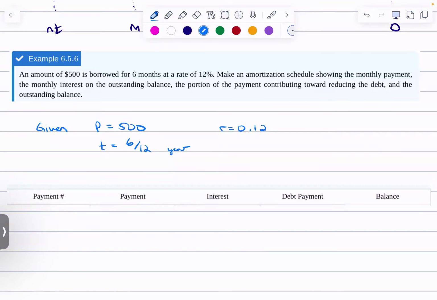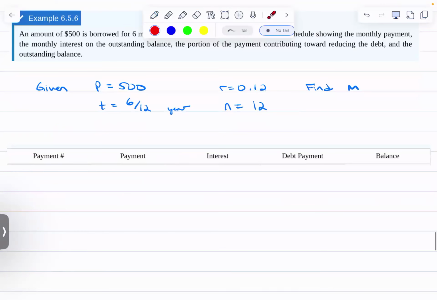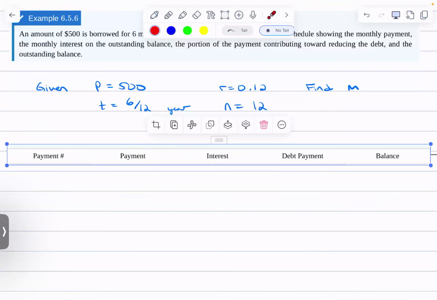And what else? N is monthly, so it's 12. And we want to find, or we need to find M, right? We have the payment numbers.